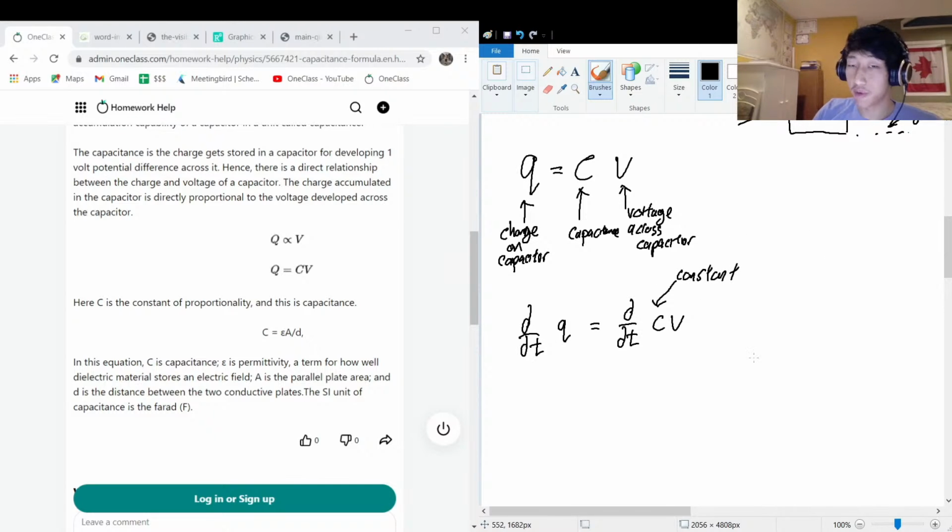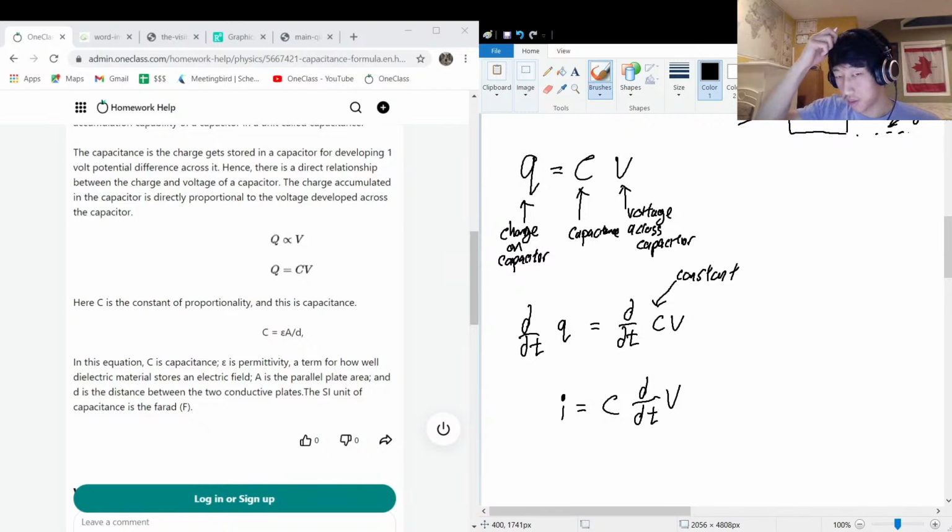We know that the time derivative of charge is current, so that's I equals C, which we can move outside because it's a constant, times d over dt of the voltage. This is another way you can get meaning from knowing the capacitance, or solve for the capacitance: if you know how the voltage is changing and the current going through it, this can help you solve for the capacitance.